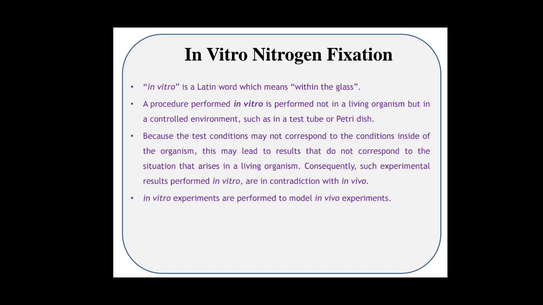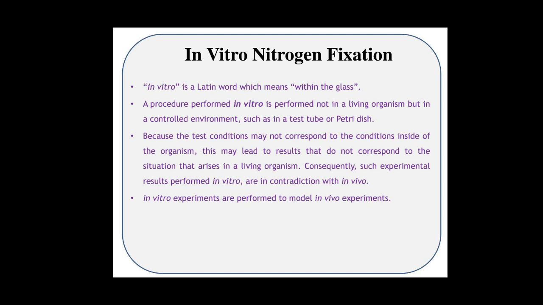This process is performed in industries or labs, because the test conditions may not correspond to the conditions inside the organisms. This may lead to results that do not correspond to the situation that arises in living organisms. Consequently, such experimental results performed in vitro are contradicted in vivo.